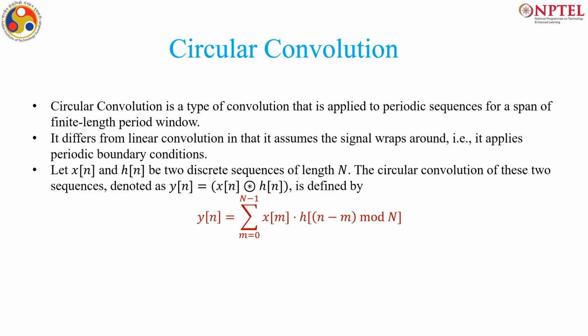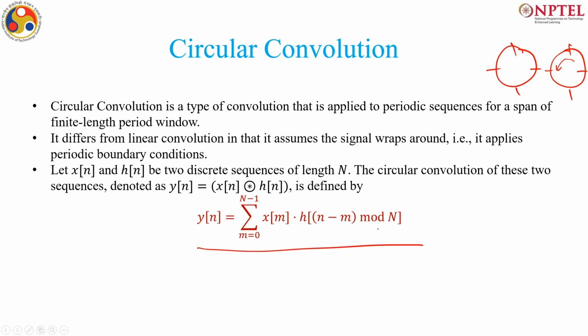In general both can be of different lengths, but in circular convolution both should be of the same length, because you are doing things circularly. Say there are 4 values of the signal: one signal you keep fixed, the other you rotate and then multiply, add, rotate, multiply, add, like this. This is given by this formula.